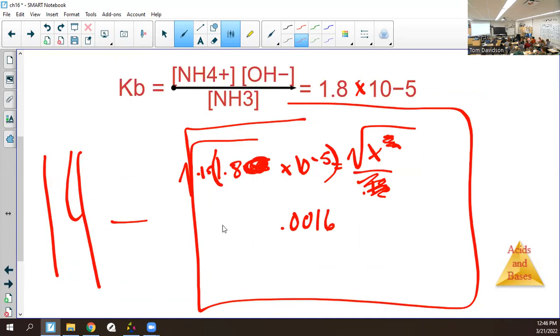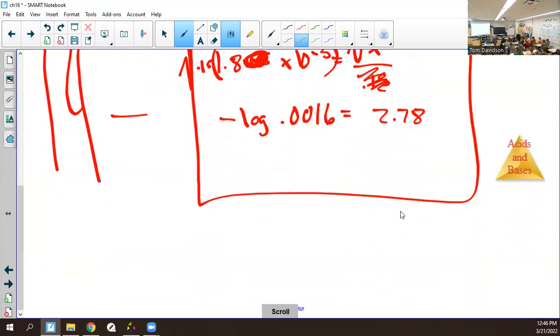No, I take the negative log of this, and that equals 2.784. Okay, it doesn't matter. So now I take 14 and subtract 2.78. And what do you get?